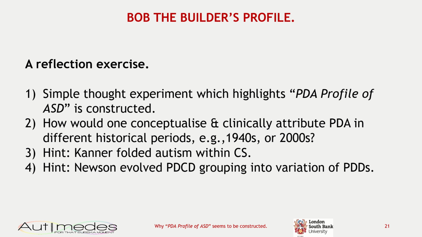The first one I mentioned previously is that Kanner folded autism into childhood schizophrenia. And the second hint, for the early 2000s, is that Newton evolved her pervasive developmental disorders grouping into a variation of pervasive developmental disorders grouping. So the entire point I'm making here is that how one conceptualises and clinically attributes PDA will be different in different historical contexts, because they are constructed categories themselves.